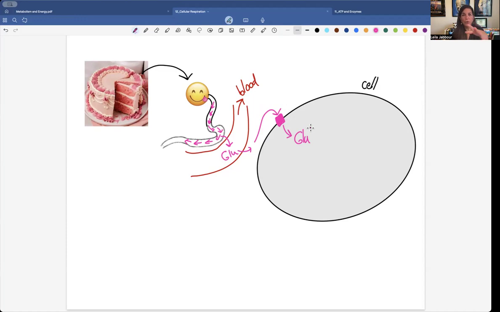So that's why I wanted to draw this, to give you the anatomical context of where this is happening, not just the chemical reaction of we start here, we get this, but where is this happening? It's happening in each individual cell. Every cell in your body is doing that. It's receiving glucose from the blood, and it's also receiving oxygen, right?